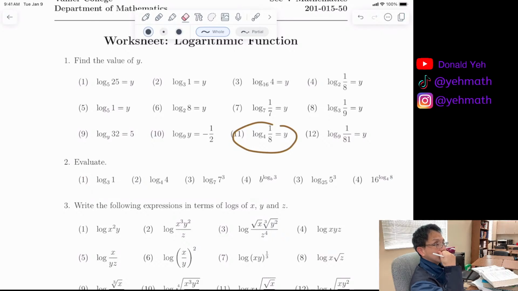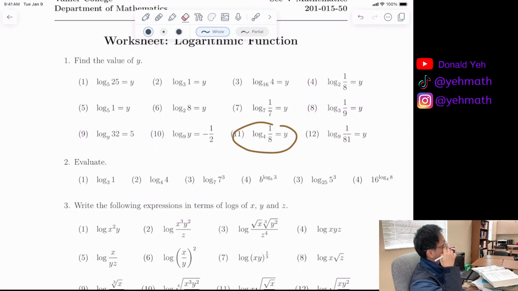No, I want you to find a value y. Everybody finish?